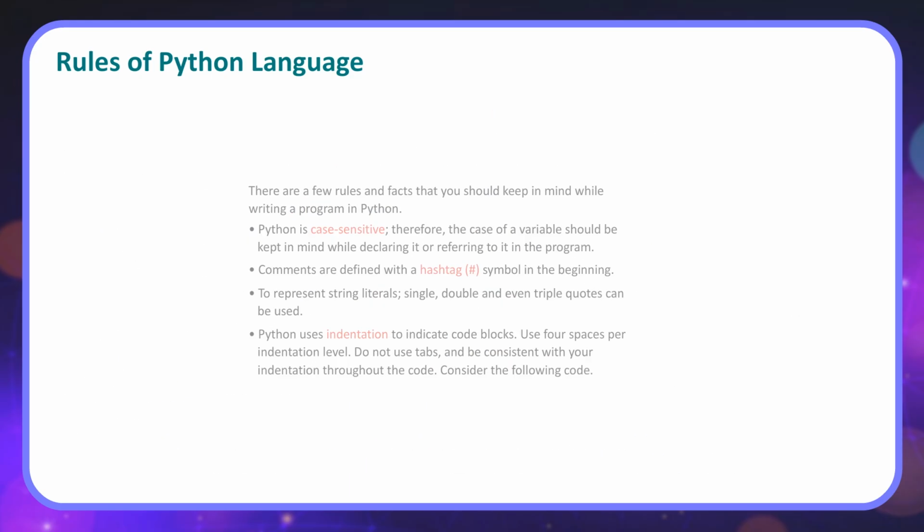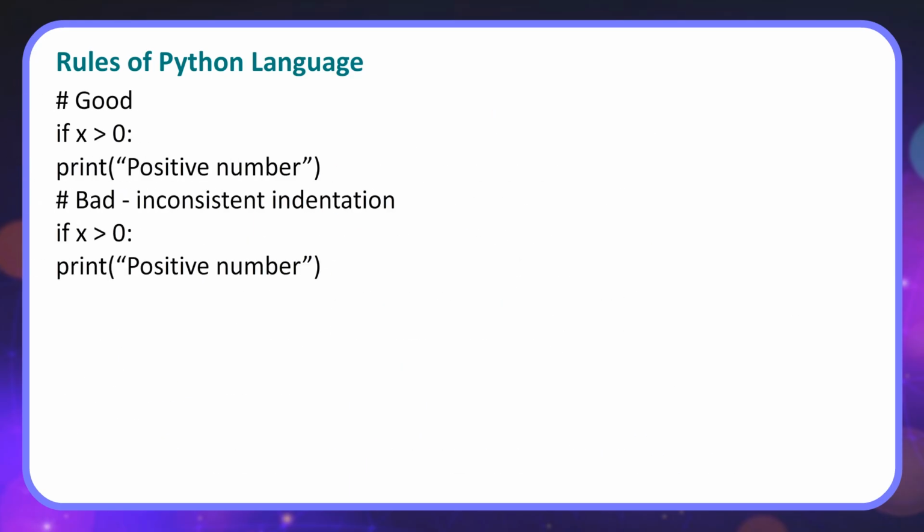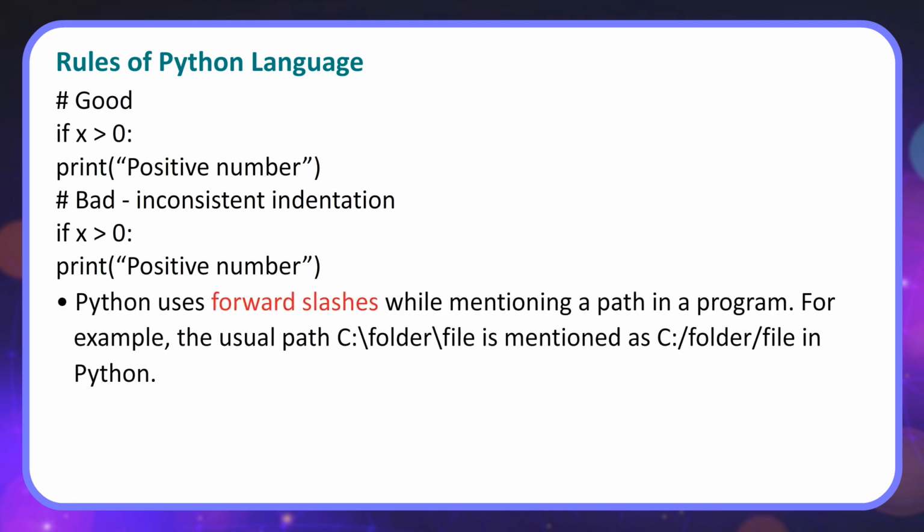Consider the following code. Good: if x > 0, print positive number. Bad: inconsistent indentation. If x > 0, print positive number. Python uses forward slashes while mentioning a path in a program. For example, the usual path C:\folder\file is mentioned as C:/folder/file in Python.